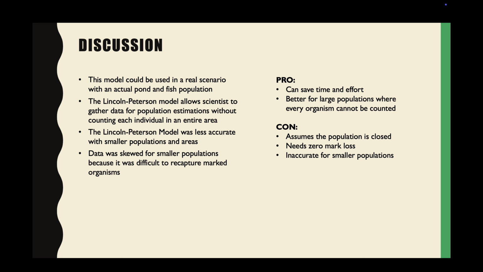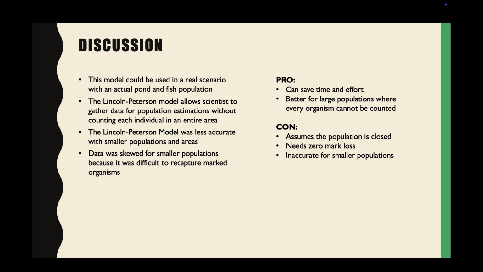So this model could be used in a real scenario with an actual pond and fish population because it allows scientists to sample smaller sizes and not have to look at a larger population.